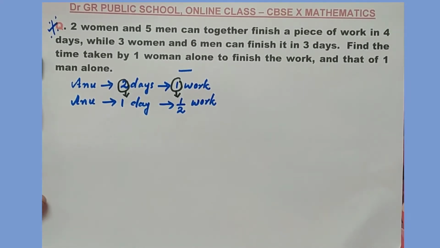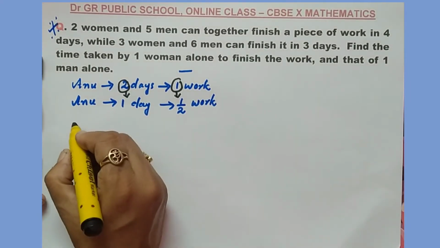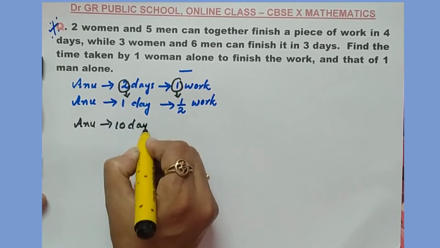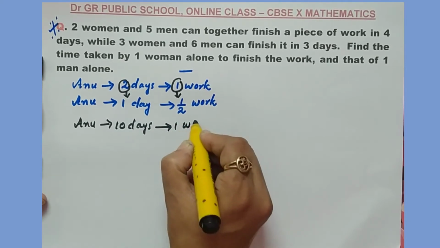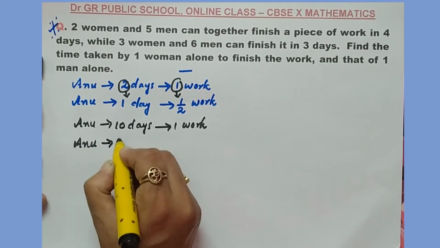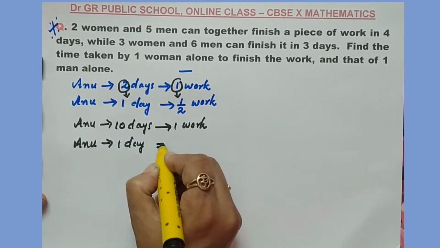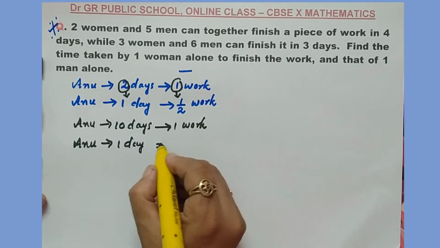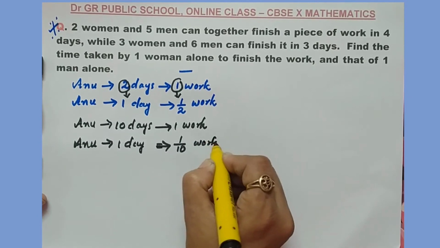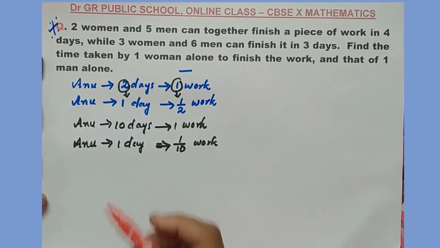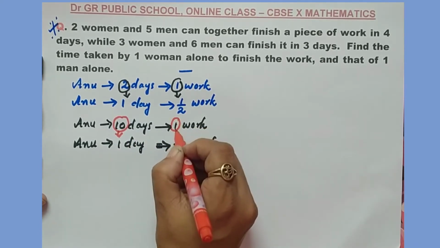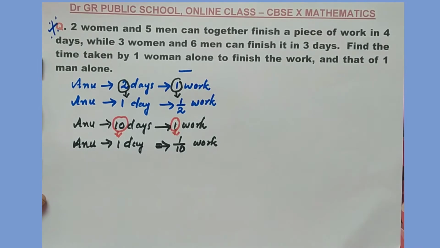If we continue like this, my question is, if Anu takes 10 days to complete one work, can you say what is Anu's work in 1 day? In 1 day she can complete 1 by 10th of the work. How do you get that 1 by 10? This 10 dividing by 10 you get a 1. This 1 when dividing by 10, that is dividing both sides by 10.